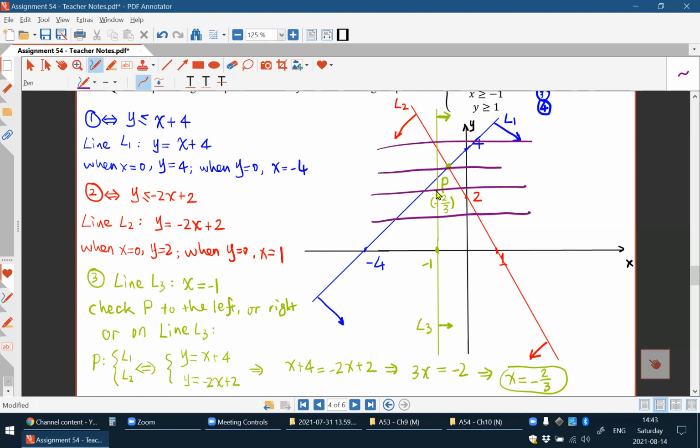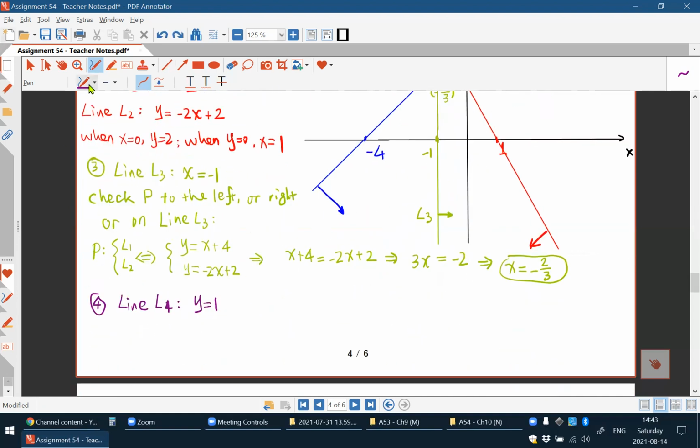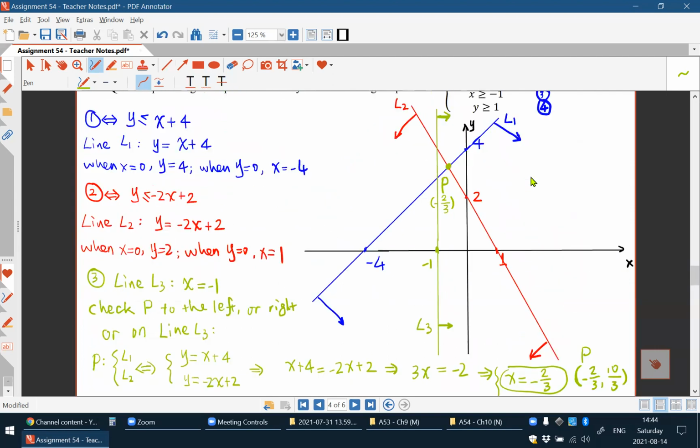We need to check if point P is above line 4 or below line 4 or exactly on line 4, right? So in the previous step, we also need to find the y coordinate of point P. So when x is minus 2 over 3, y is 10 over 3. This is the coordinate of P, right? So the coordinate of P is minus 2 over 3, 10 over 3. Okay, let's put it here.